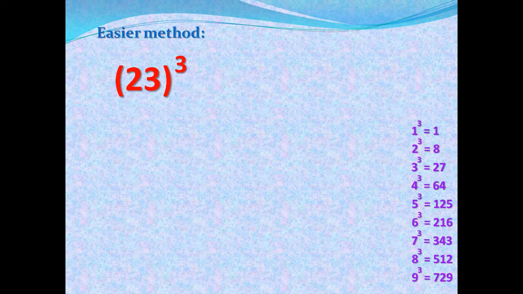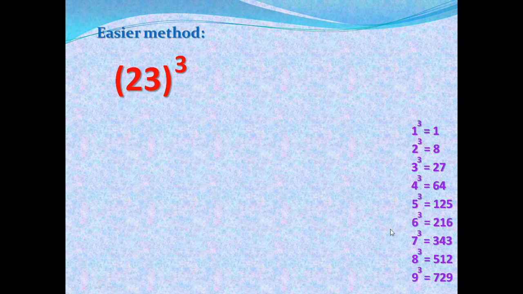But I want to remind you one thing: before we start with this method, it's very important that you remember the cubes of all the numbers from 1 to 9, because whether it's the traditional method or this method or any other method, you're always going to use the cubes of 1 to 9 to find out the cube of a two-digit number eventually.